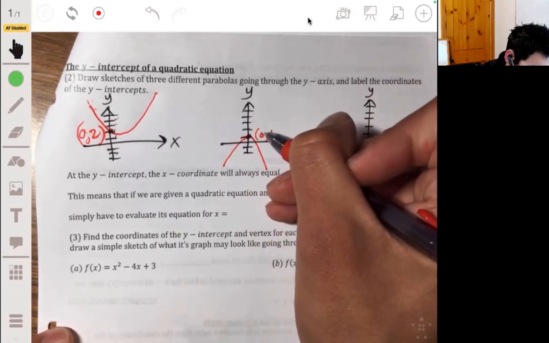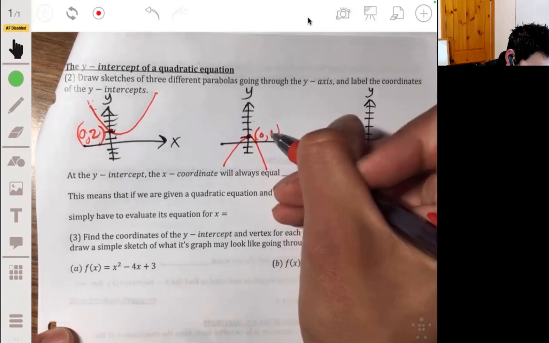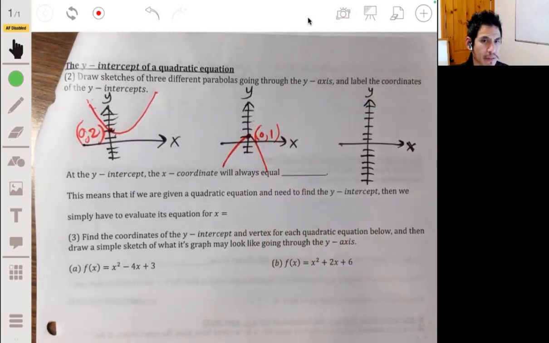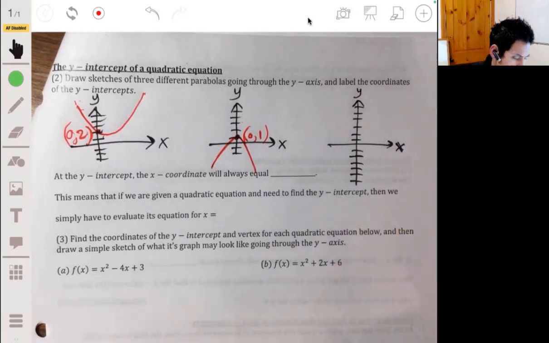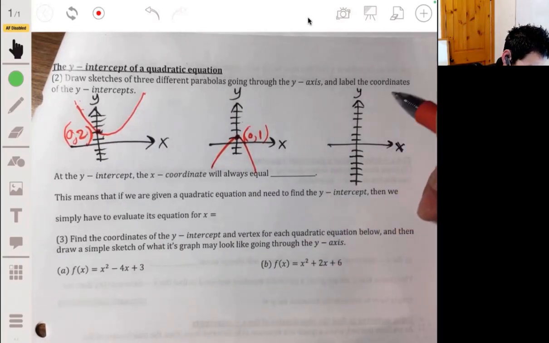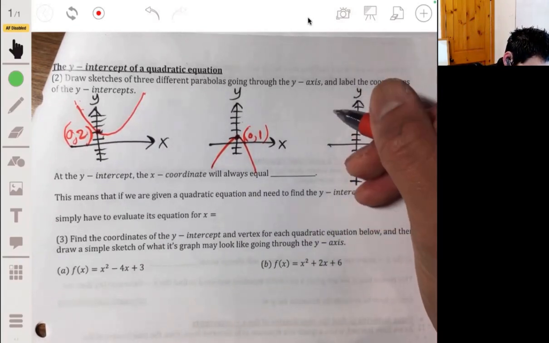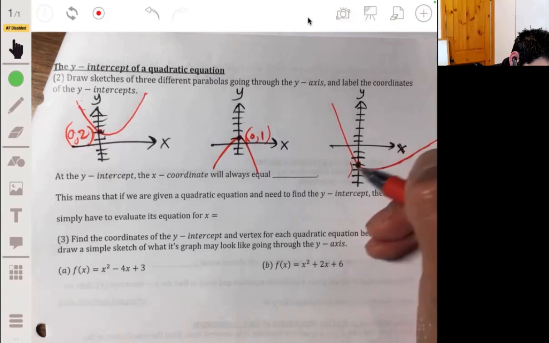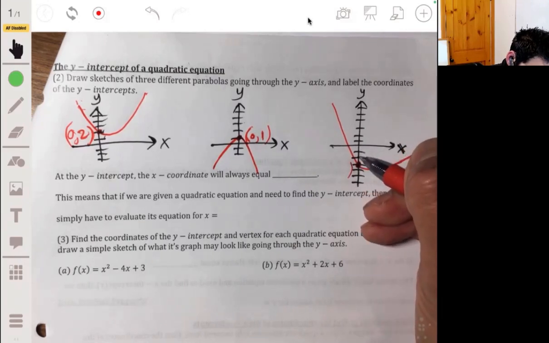It's going downward. Again, don't worry about being Picasso. Just draw some sketch that shows where the parabola is going through on the y-axis. And let's make one maybe doing something crazy, like going like that. And so the y-intercept here would be at negative 3.